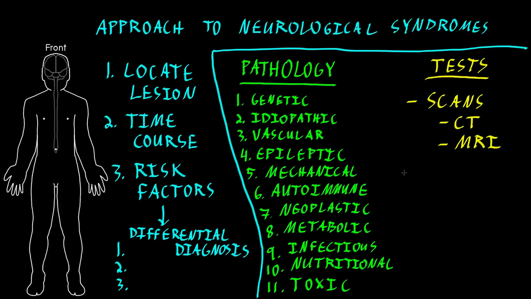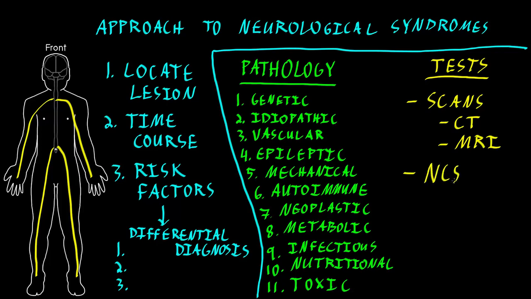Next are a couple of electrical tests that are particularly good at looking at the nerves in the peripheral nervous system. These are nerve conduction studies and electromyography. Since those are both long names, we often shorten that to NCS for nerve conduction studies and EMG for electromyography. These tests look at the electrical properties of nerves in the peripheral nervous system, as well as skeletal muscle tissue.